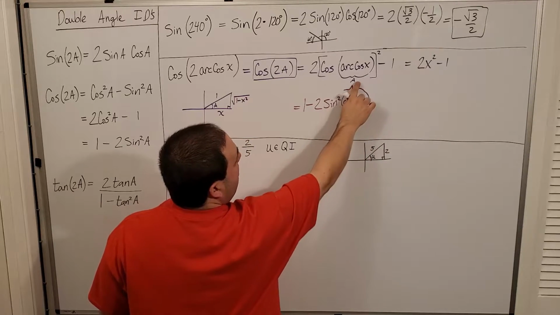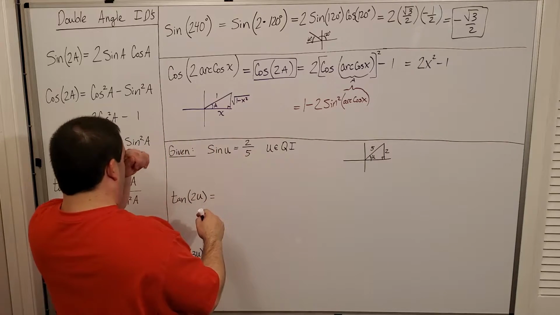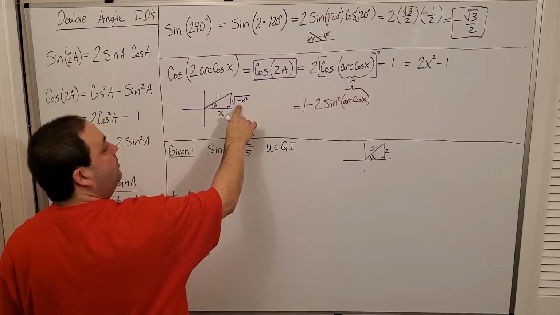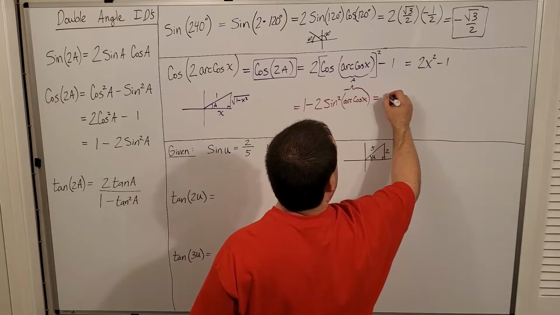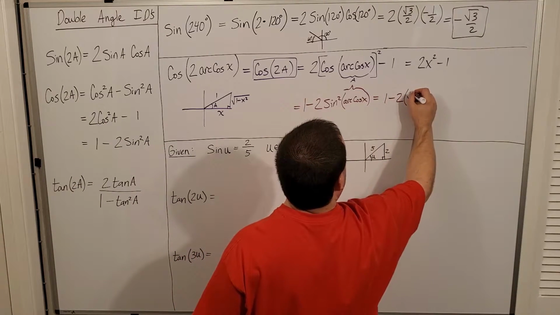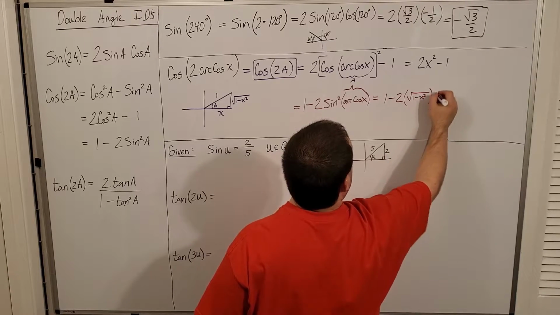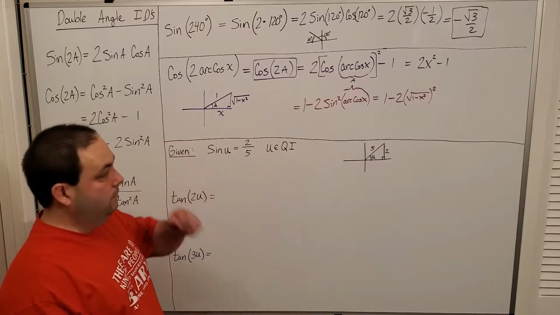So the sine of A, quantity squared. The sine of A is just opposite over hypotenuse. It's this thing, right? So I would have 1 minus 2 times square root of 1 minus x squared, squared, like so.